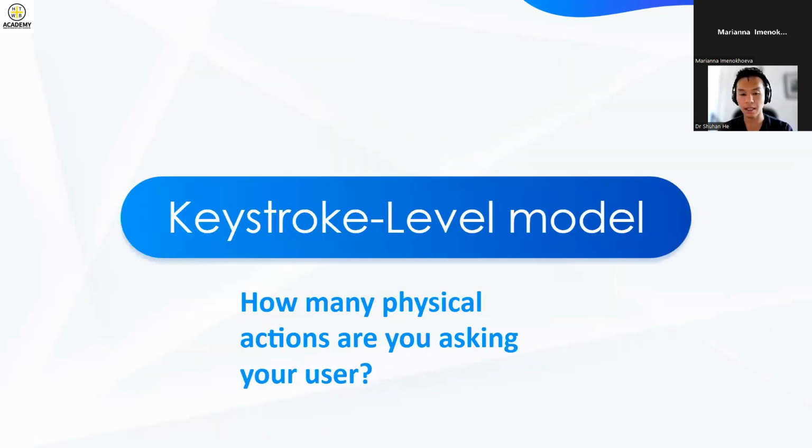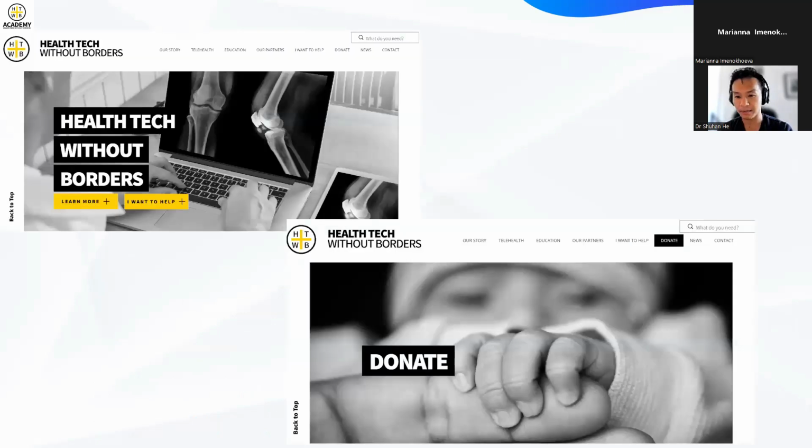The second thing to keep in mind is the keystroke level model. This is a cognitive theory for understanding how many physical actions you are asking your user to take. I'll give one specific example from Health Tech Without Borders: when you look at the website and you want someone to donate, how many clicks are you asking them to do? You're not just asking for clicks.